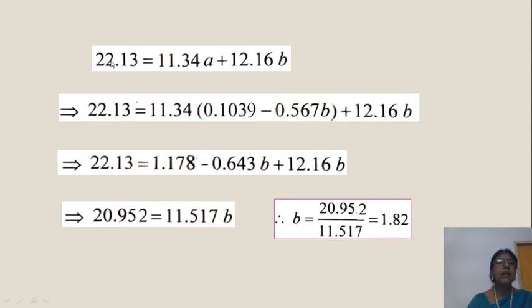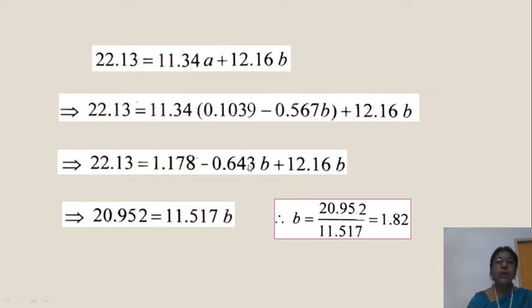LHS is the same: 11.34 times a value 0.1039 minus 0.0567b, plus the last term 12.16b. 11.34 into the constant gives 1.178, and 11.34 into this value of b gives minus 0.643b, plus the last term as it is, 12.16b.